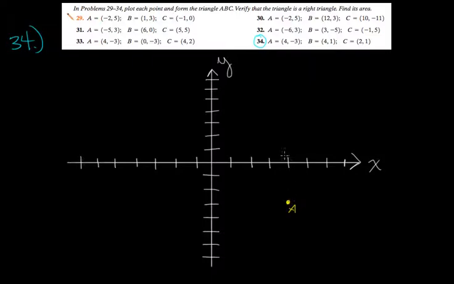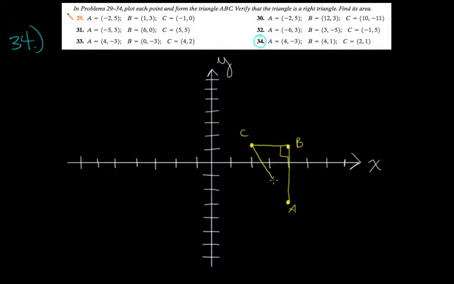So this is A. B is 4 and 1. Oh, this is going to be easy. And C is 2 and 1. Oh, this is really easy. So we do know, in fact, that this is a right triangle, because we have a 90-degree angle right here.